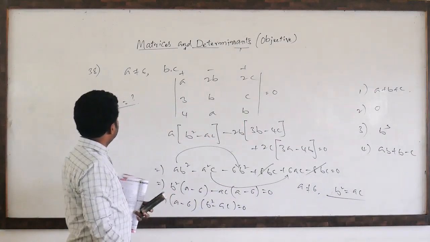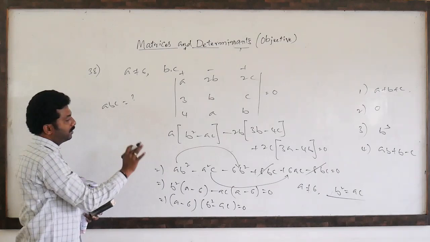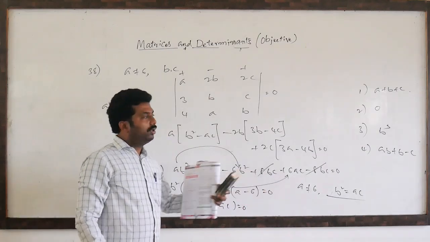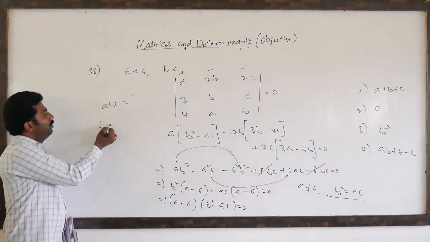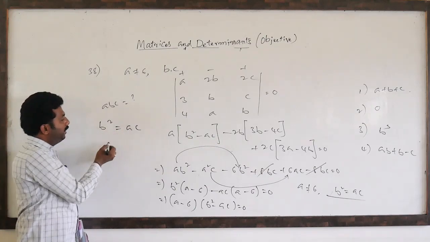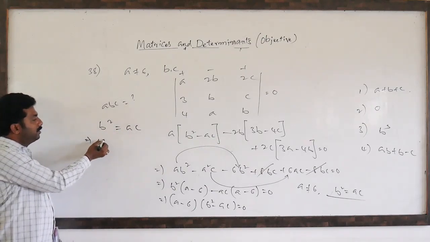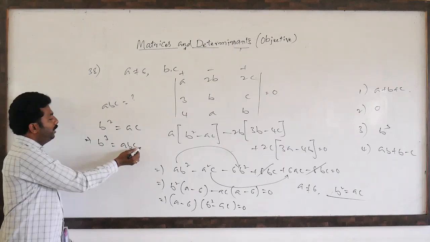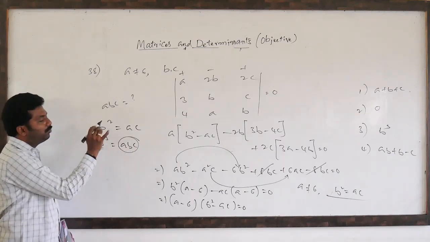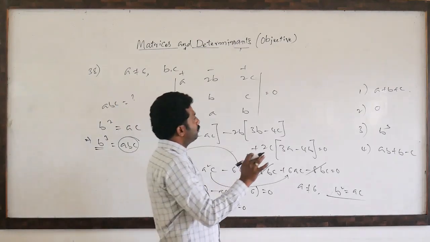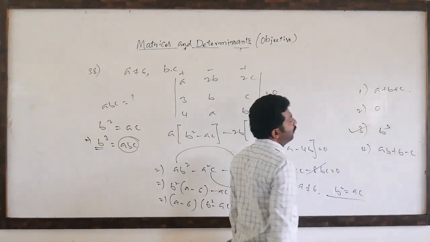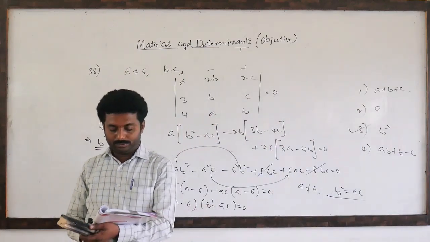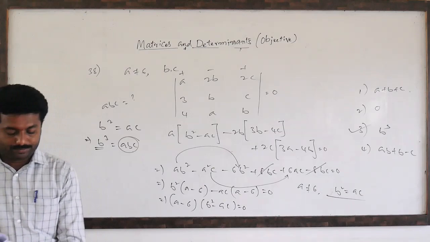You observe they are asking the abc value. So b square equal to ac. Multiplying both sides, b cube equal to abc. So the abc value is b cube. So the answer will be b cube. Next.